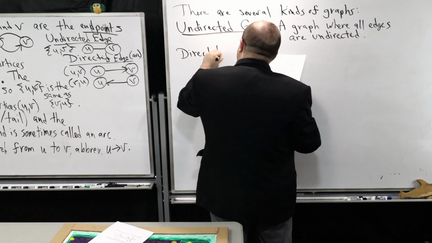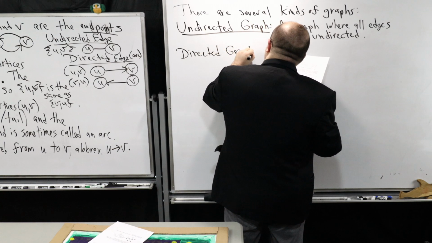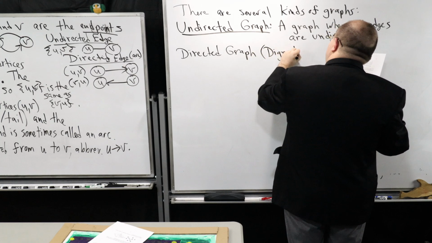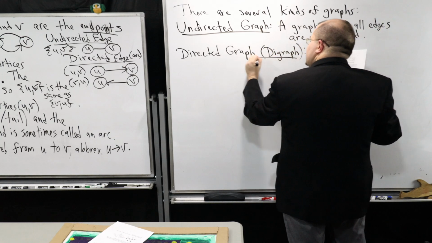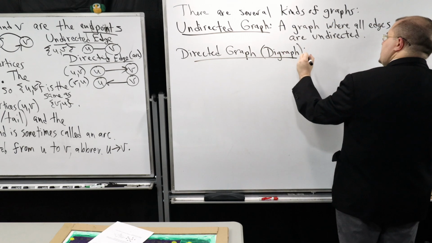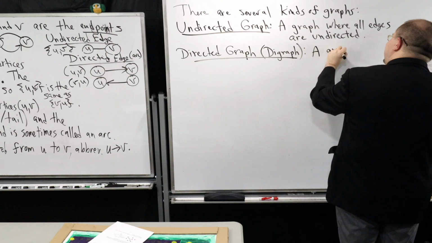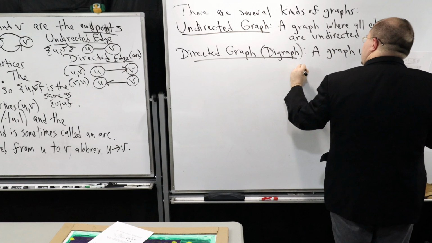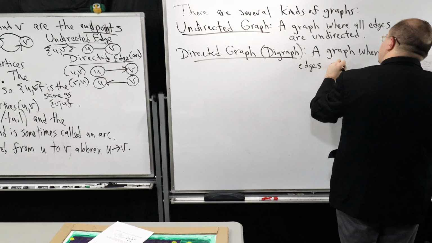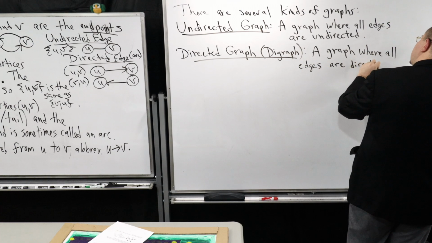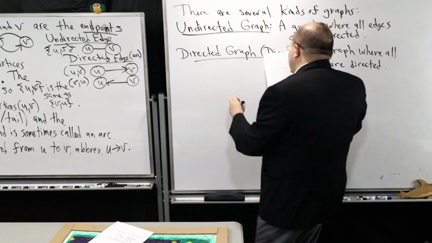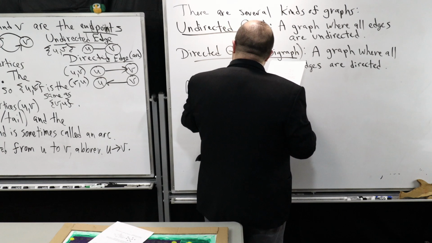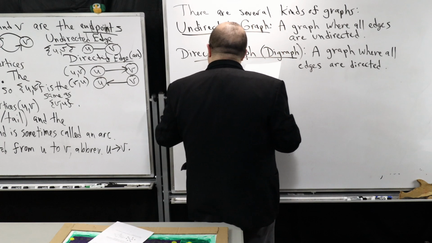A directed graph. Now, some people like to call directed graphs digraphs. So if I have a digraph, that means directed graph. So this is just simply a graph where all edges are directed. And then we have mixed graph. So sometimes you run into these. It's called a mixed graph, naturally based on the edge types I've talked about.